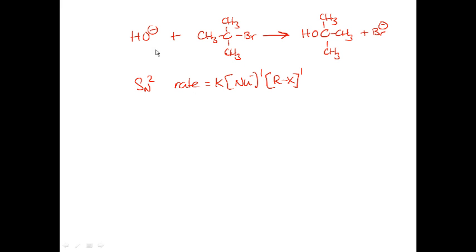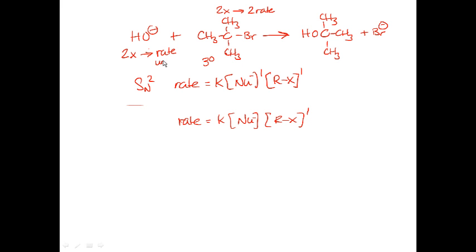When they measured the rate using a tertiary halide, what they found was that when they doubled the concentration of the alkyl halide, the rate actually doubled. So it was first order in alkyl halide. But the interesting thing was that when they doubled the concentration of the nucleophile, and it wasn't just hydroxide, it was any nucleophile, they found out that the rate was unchanged.